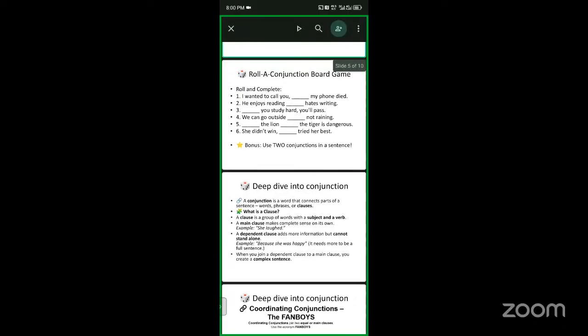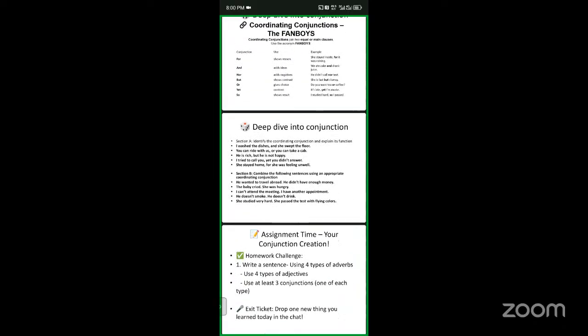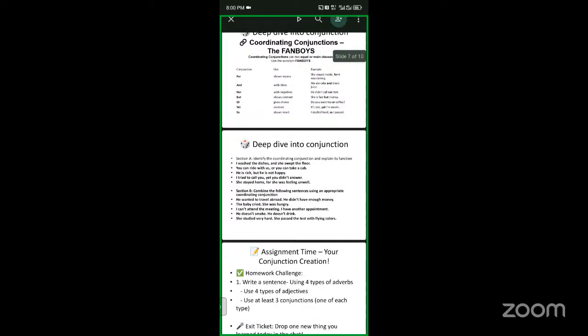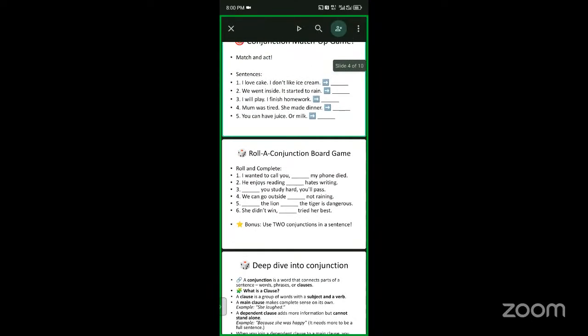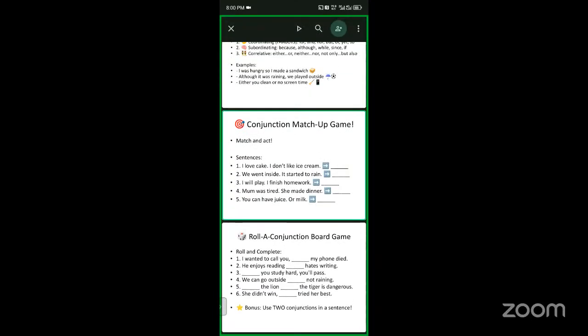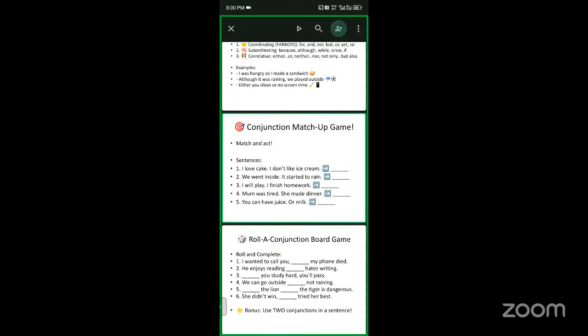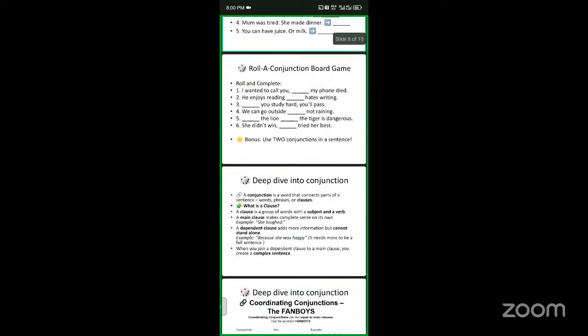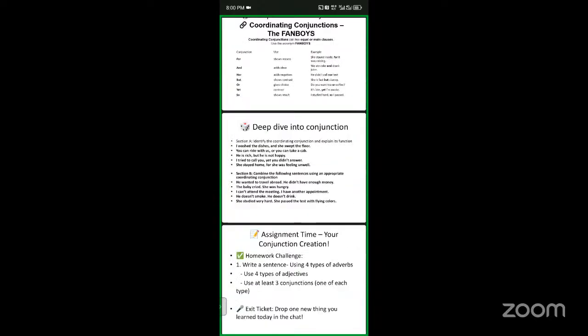I just wanted you to have an idea what conjunctions are. Then we'll go deeper into it in the next class. All right? Okay. Yeah, so your assignment is pretty straightforward. You can just write it down. We're still doing revisions on adverbs, adjectives, then write one sentence for each of the types of conjunction.